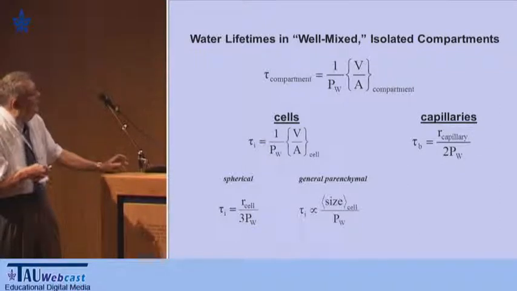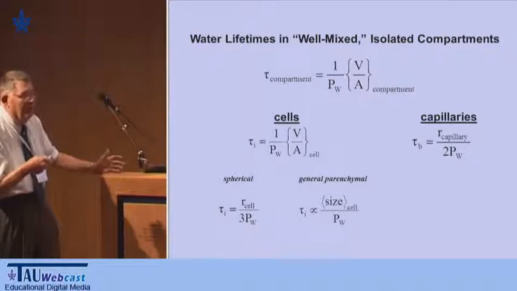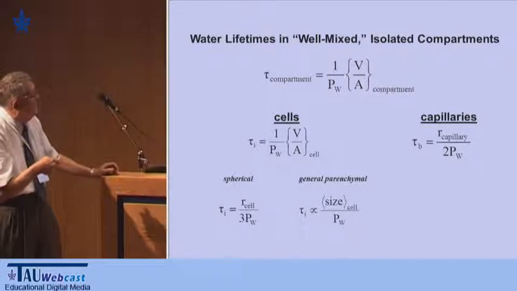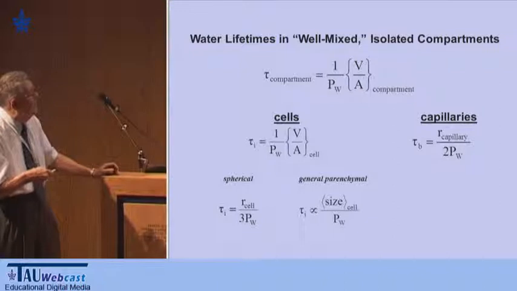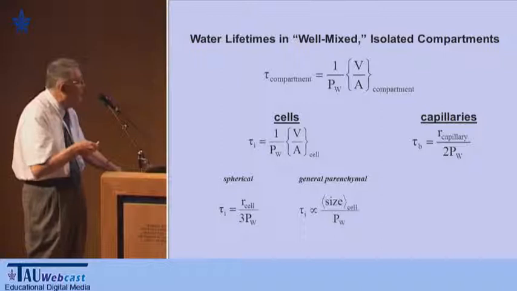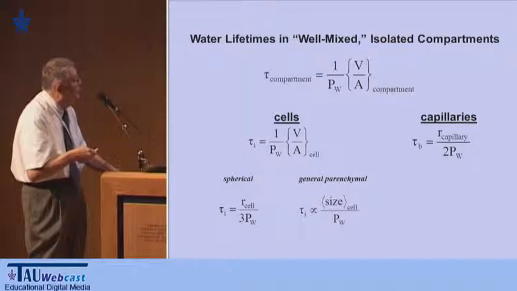And a lot of times I'm going to show you reciprocal tau I, which is the equilibrium rate constant for unidirectional efflux. And it's still 2 factors: a permeability coefficient on the top and A over V. And that's how, if you know the size of the cell, you can go from the permeability coefficient to the lifetime.